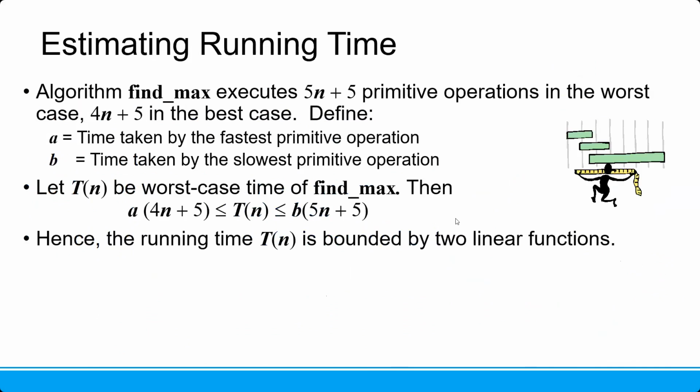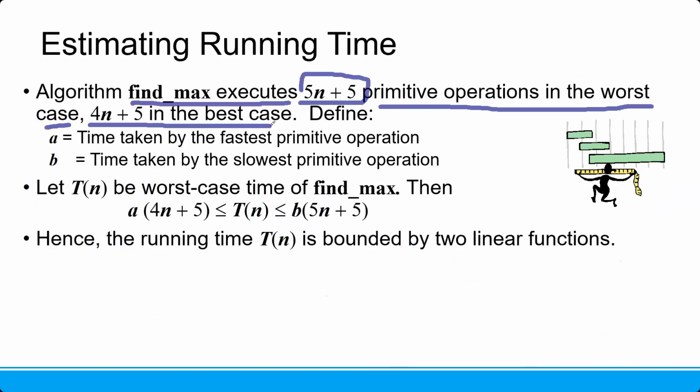Then the running time estimation: the FindMax algorithm will do 5n plus 5 primitive operations in the worst case and 4n plus 5 in the best case. So let's define A as the time taken by the fastest primitive operation, and B as the time taken by the slowest primitive operation.